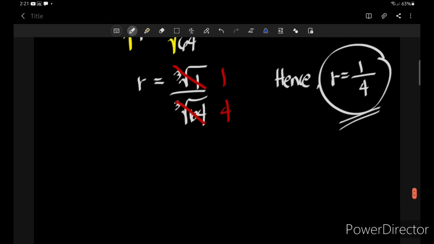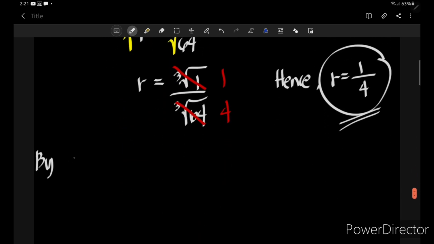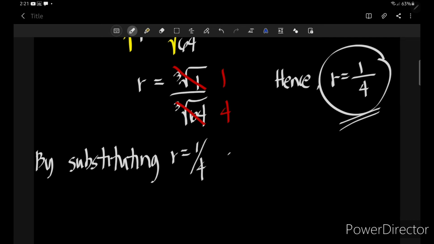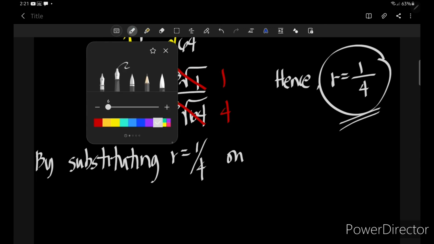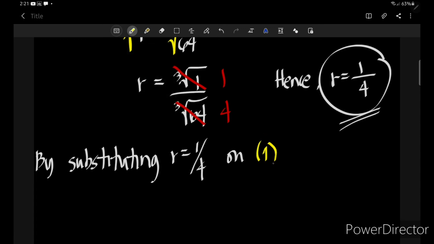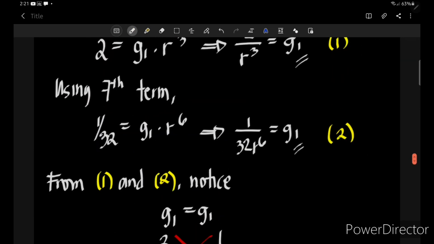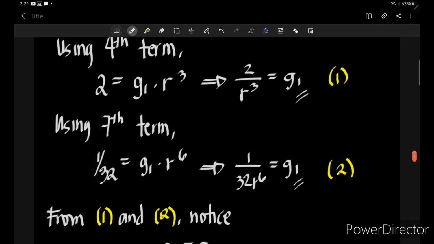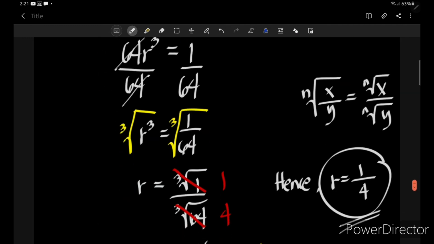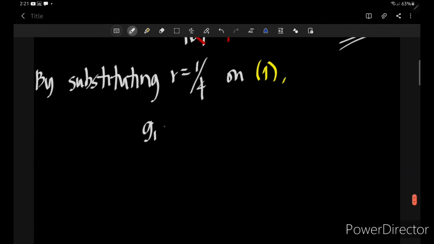Now, let's substitute r equals 1/4 on equation 1. What is our equation 1? 2 over r cube equals g sub 1. So, we have g sub 1 equal 2 over r cube, which is 1 over 4 cube.